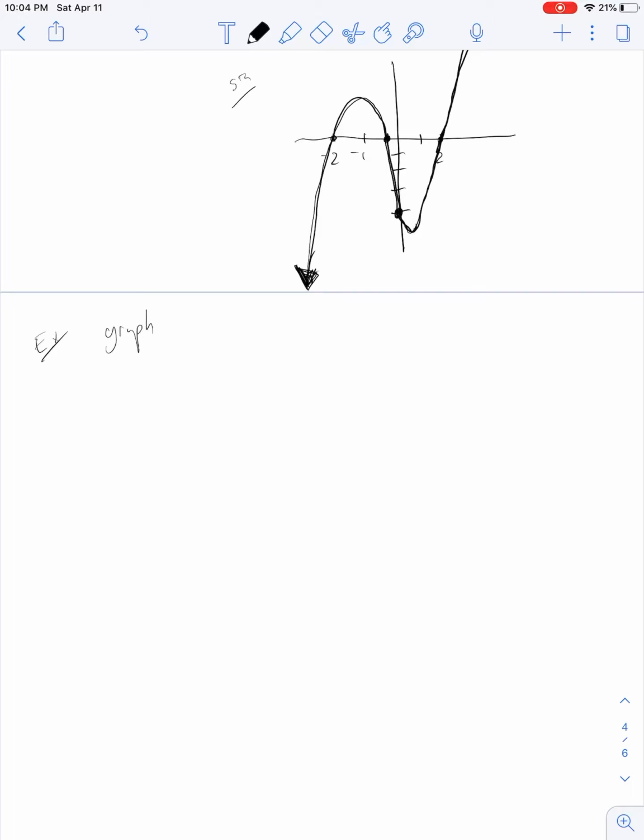Next example. How about you graph, let's go with, how about we graph g of x equals x to the fourth minus 7x to the third plus 12x squared plus 4x minus 16.